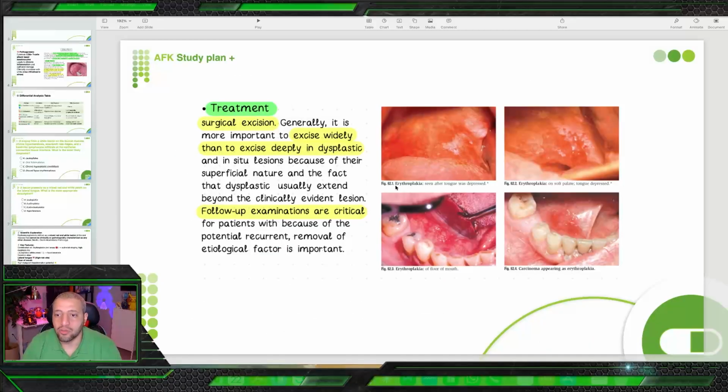And this is how it looks. This is erythroplakia. I hope you can see the white and red lesion, and this location is dangerous: the floor of the oral cavity. Why is this location dangerous? Because it has thin, non-keratinized epithelium.